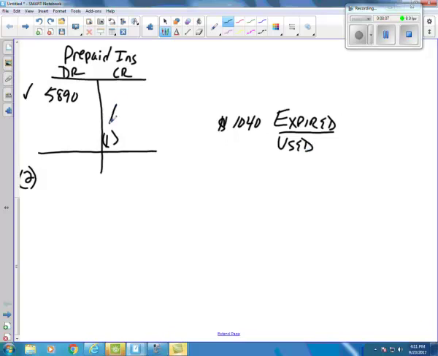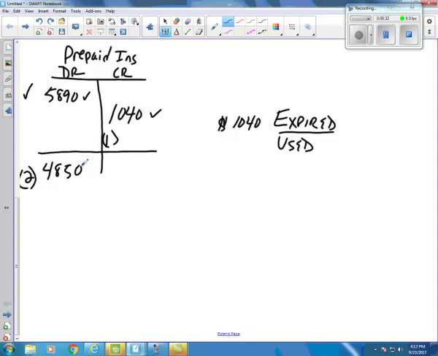So that is our credit to prepaid insurance. And a balance of our prepaid then, if we have debits of $5,890 and credits of $1,040, we subtract the two and put it on the debit side, the larger side. So that would be $4,850 is still prepaid. We have not used it.